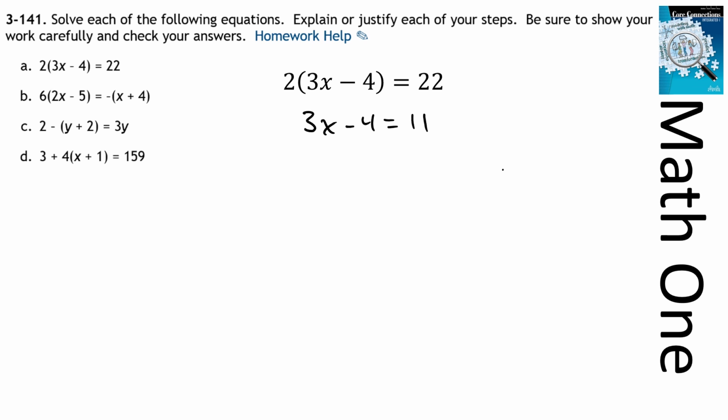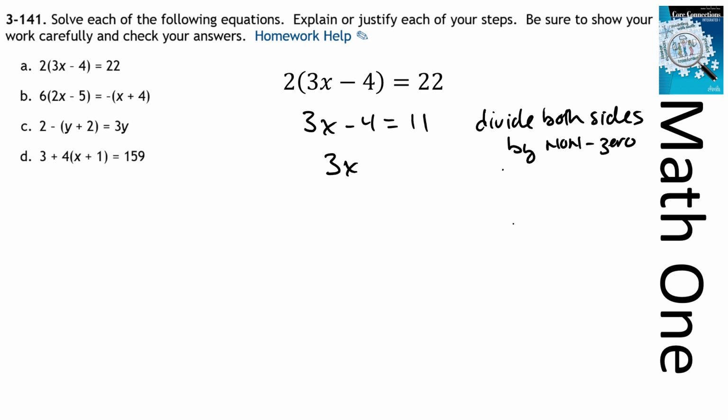So what did I do? I used something called the division property of equality, where I divided both sides by a non-zero number. Next, I'm going to add 4 to both sides.